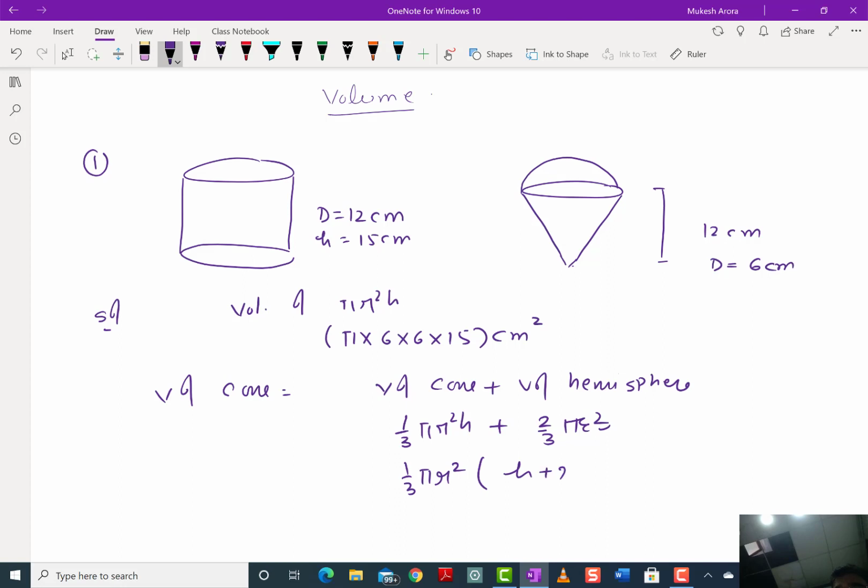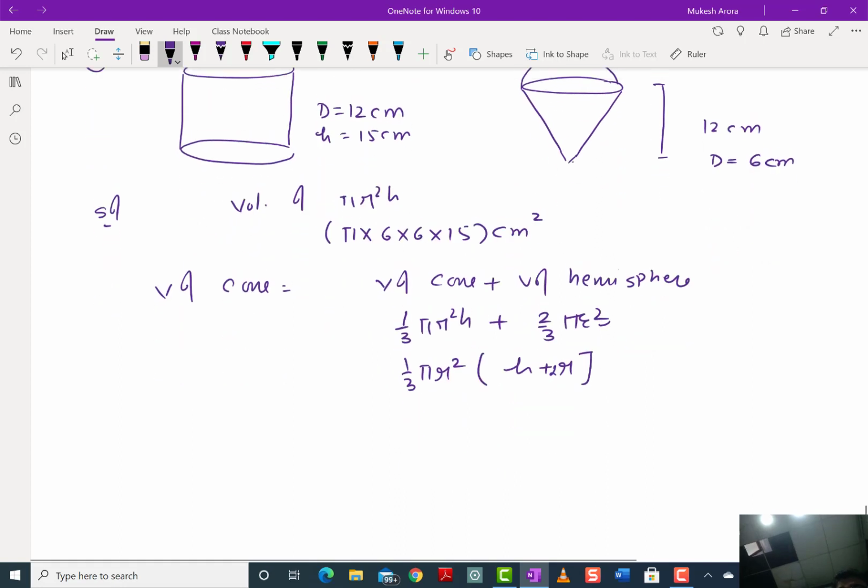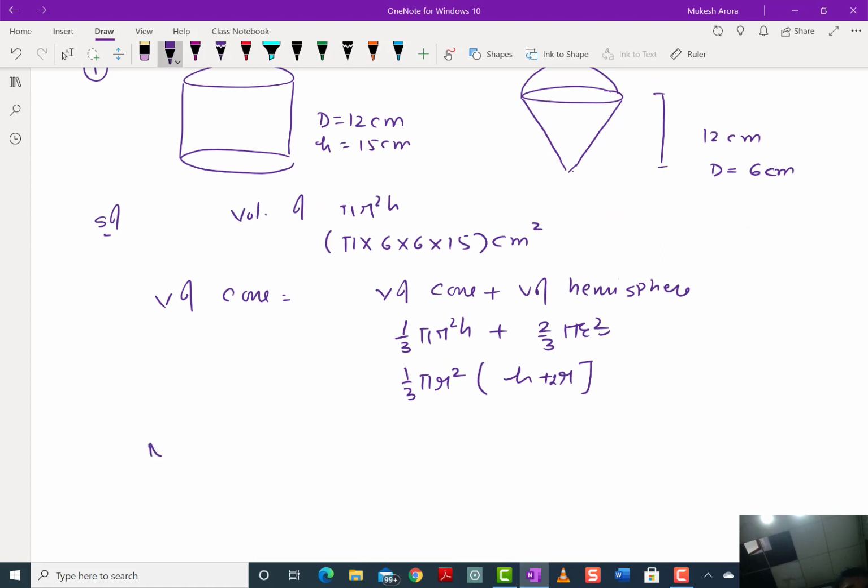Left is h plus 2r. So number of cones will be equal to volume of cylinder upon volume of one cone.